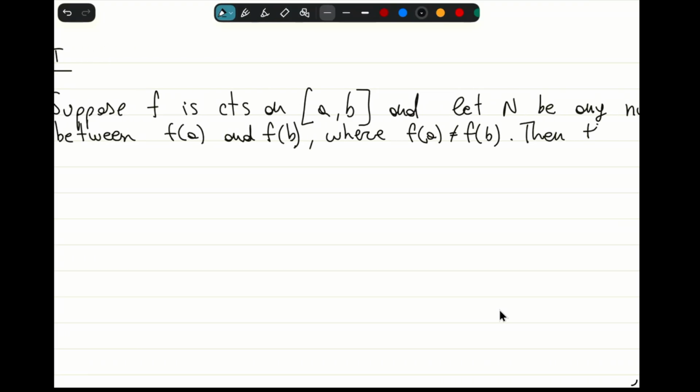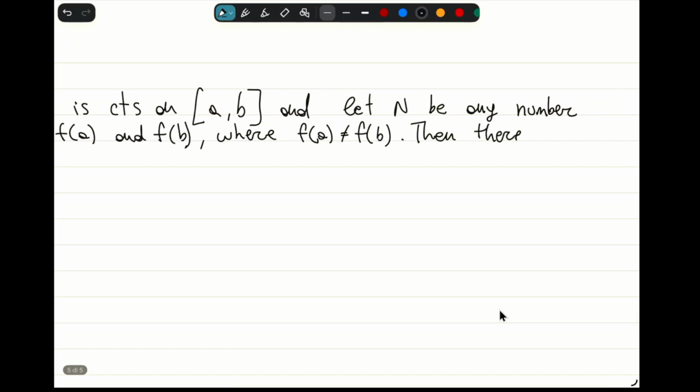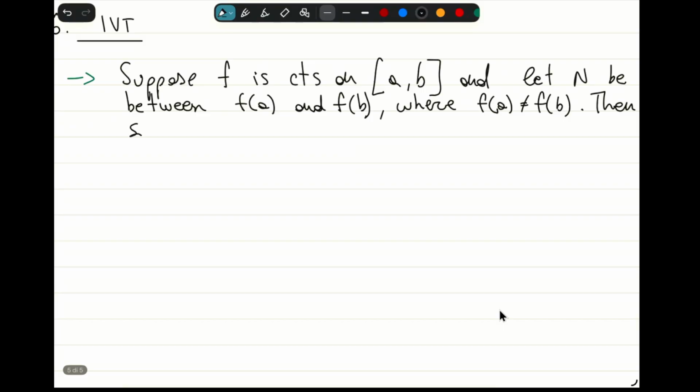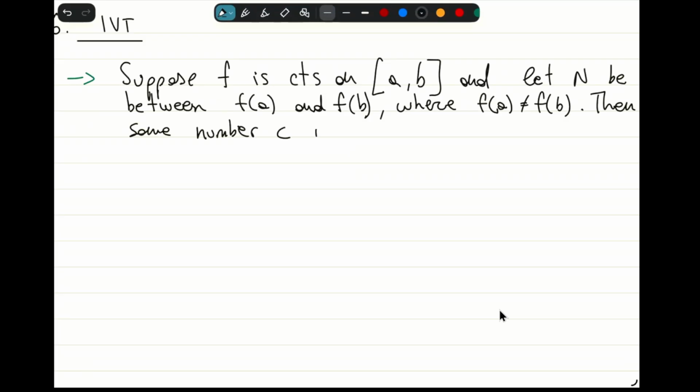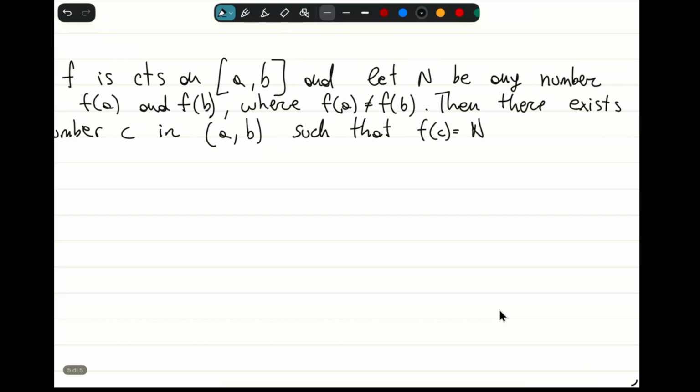Then there exists some number c in the open interval (a, b) such that f of c equals N.